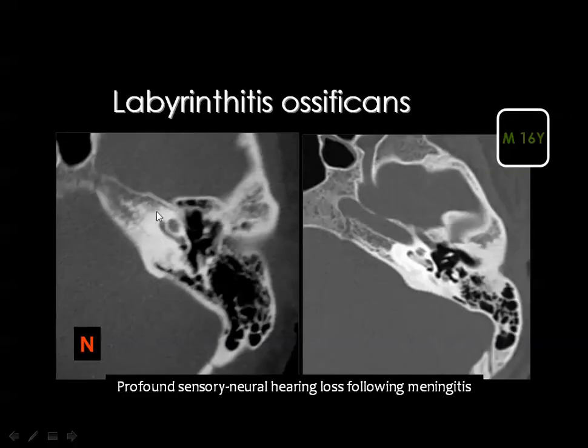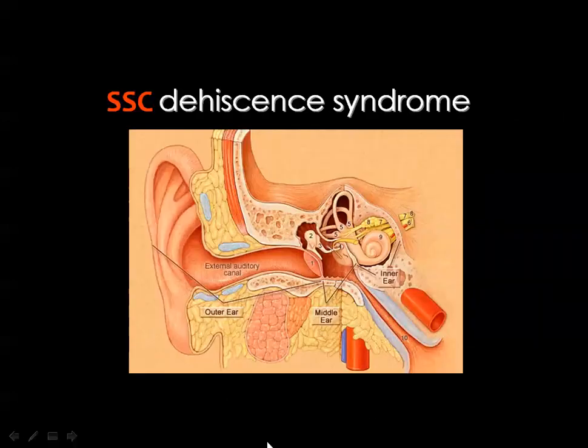Here are the 1.5 turns of the cochlea which are normal, and in this case you see bone within the 1.5 turns of the cochlea, and this is a case which presented with profound sensorineural hearing loss following an attack of meningitis. And you remember that meningitis is one of the common causes that result in labyrinthitis ossificans secondary to suppurative labyrinthitis.